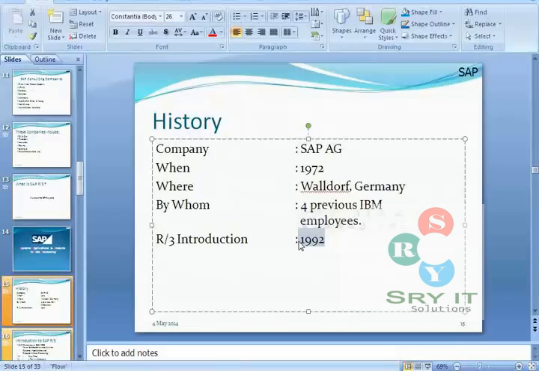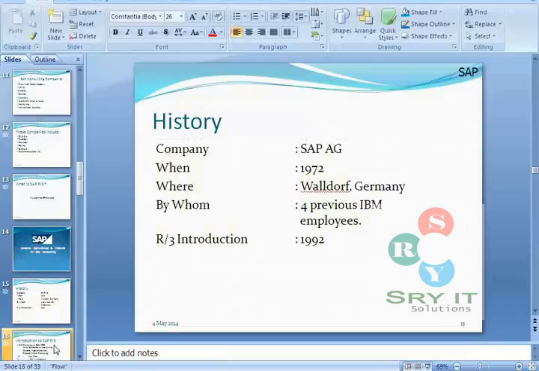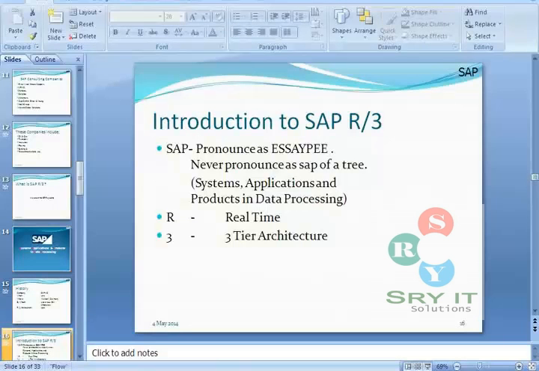This product reached customers, customers were satisfied, and made transactions with SAP. So that is when we should call it SAP. It's a pronunciation: we call it SAP only. R means real time, and 3 means 3-tier architecture.